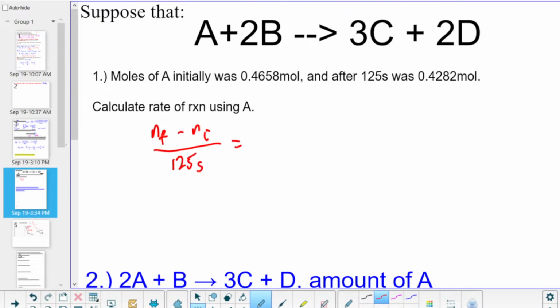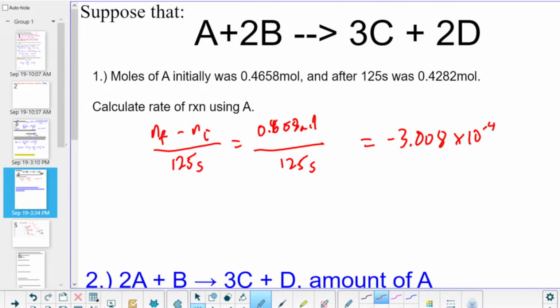Pop in the numbers then. 0.428 subtract 0.4658 divided by 125 gives you negative 3.008 times 10 to the negative 12. Gives you what? Negative 3.008 times 10 to the negative 12.